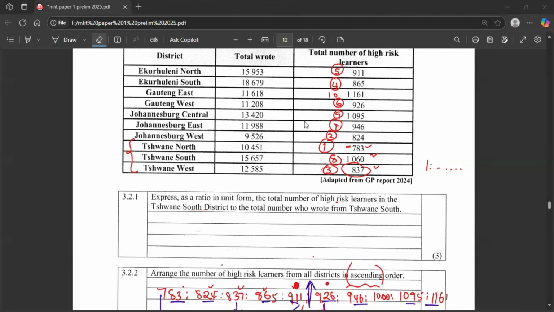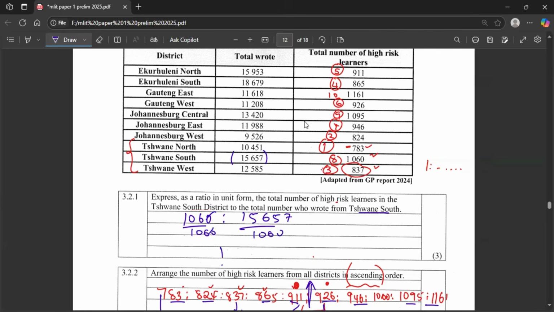So express as a unit ratio of high-risk number of Tshwane South to the total number that wrote from the Tshwane South. So Tshwane South is 1,060, okay, is to the total number that wrote, which is 15,657. Okay, then I have to divide by 1,060, divide by 1,060.